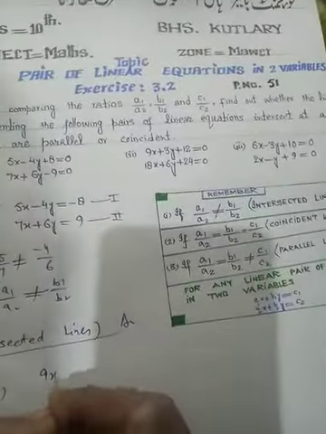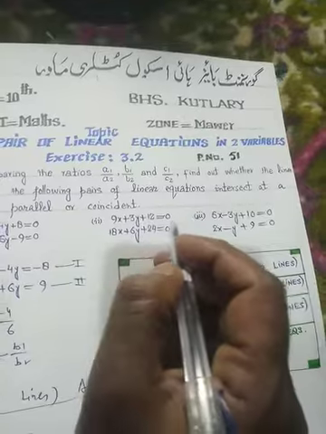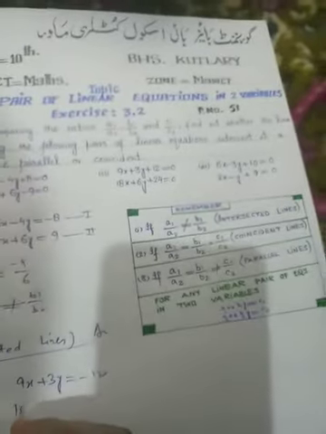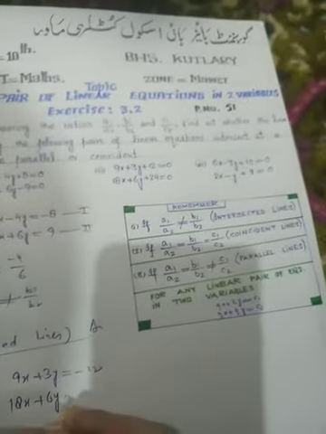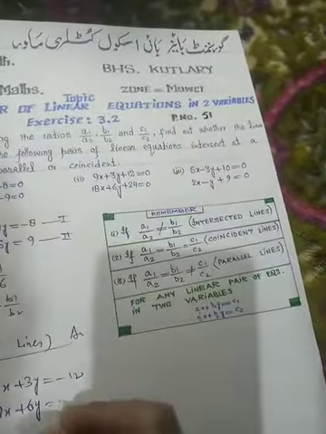Now we write the second part. 9x plus 3y, we take plus 12 to the other side, it becomes minus 12. Similarly, we write 18x plus 6y and take plus 24 to the right hand side, so it becomes minus 24.